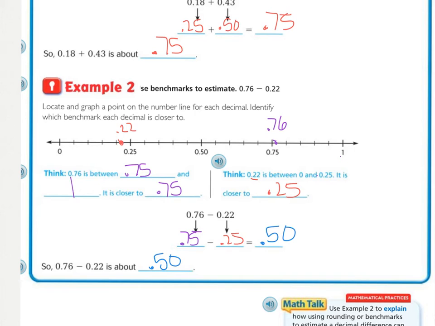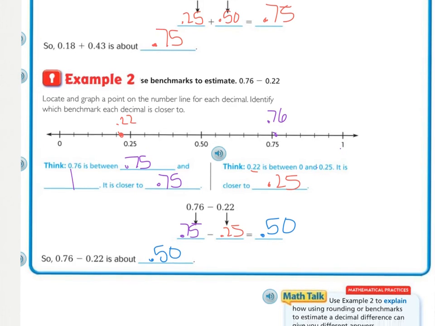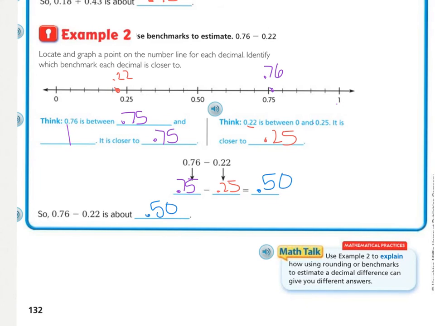So on your homework, if it asks for benchmarks, it's asking you to use the 0, 25 hundredths, 50 hundredths, 75 hundredths, or a 1. It's not asking you to round, because that moves us into the math talk right here. If we rounded 76 hundredths, that instead of using the benchmark, that would be 80 hundredths minus 22 hundredths.